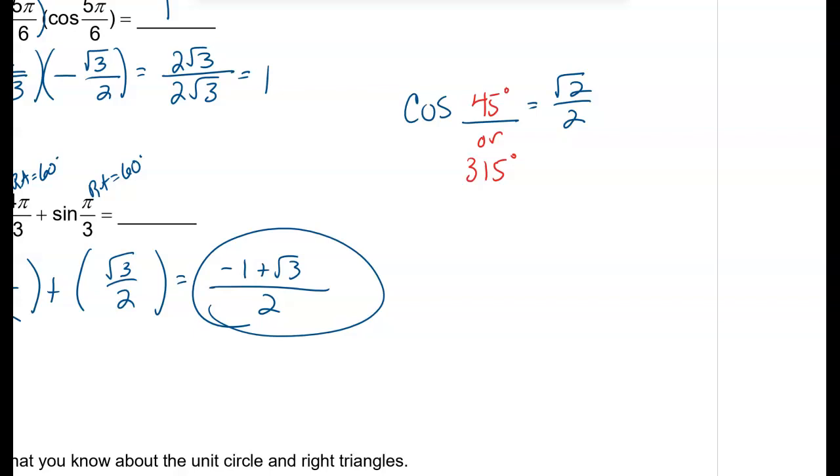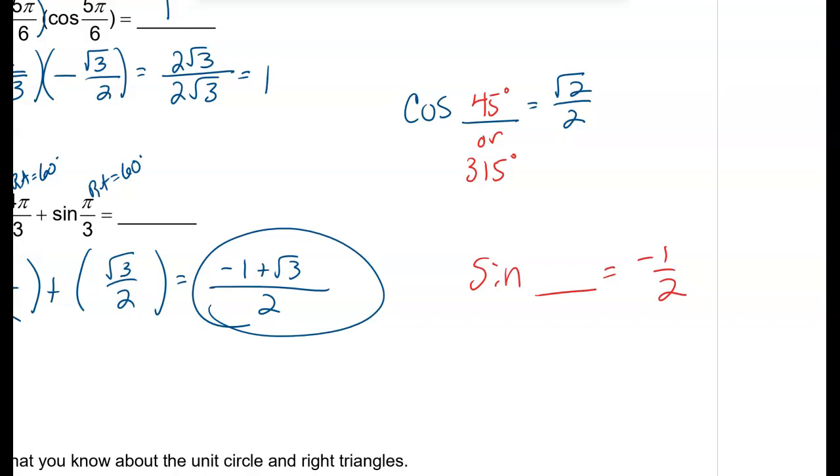So here's another easy one to do. What if I did the sine of what gives me a negative 1/2? Right away, what quadrants do you have to be in? 3 or 4. So we know we're in 3 or 4. Great.